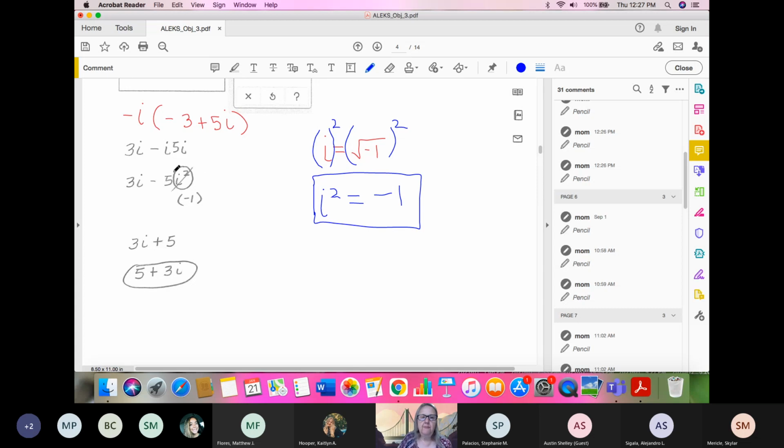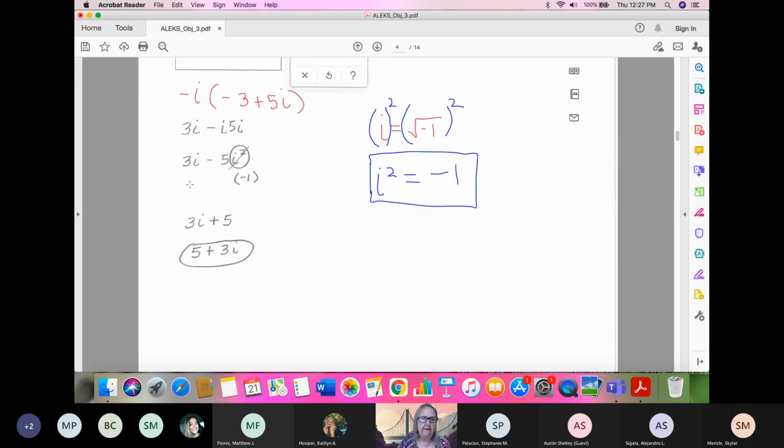So right here, this i squared, I circled it and replaced that i squared by what it's equal to, which is -1, which is a real number. So now we have 3i, copied that down, minus a -1.